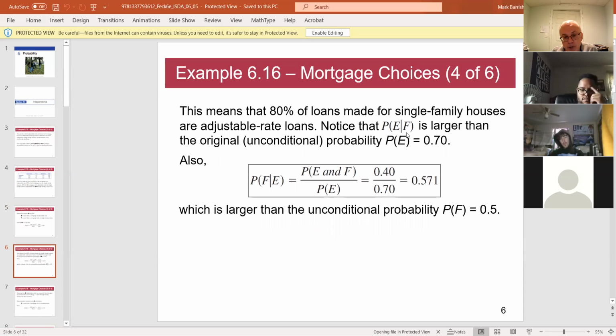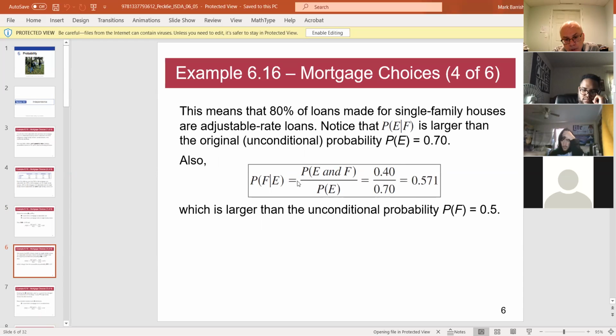Now, in statistics in general, what we are looking for when we do statistical procedures in the future is that the events are independent of one another. So what does independent mean? Independent means that when we do this calculation, the probability doesn't change.